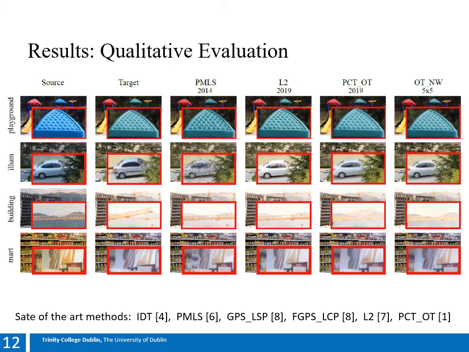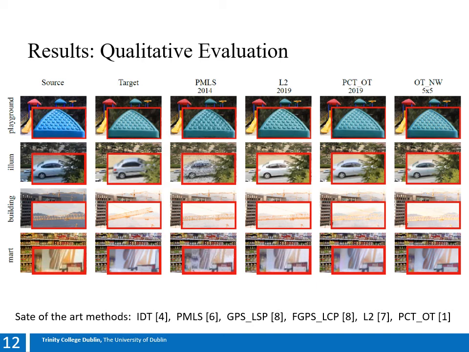Another observation specific to the BCT-OT algorithm, as we said before, is that it can create shadow artifacts when there are large changes between the target and the source images, as in the building example in the third row.